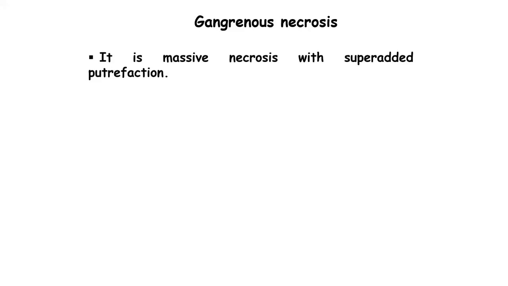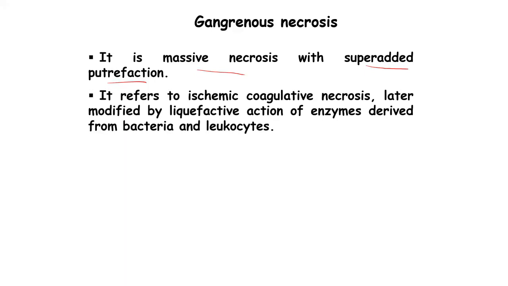Gangrenous necrosis or gangrene is a massive necrosis with superadded putrefaction. It refers to ischemic coagulative necrosis, later modified by liquefactive action of enzymes derived from bacteria and leukocytes.